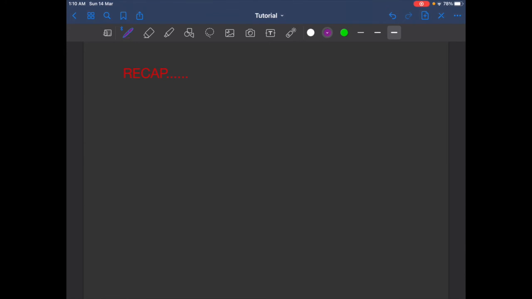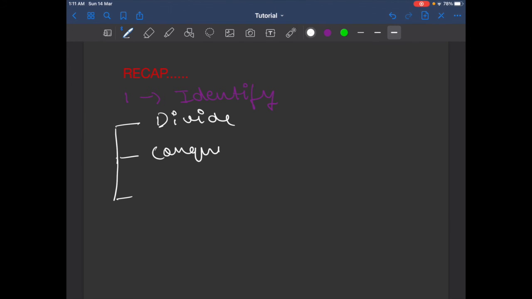Let us now recall what we have learned so far. The first step is to identify the problem, whether divide and conquer approach is applicable here. If it is possible, then there are 3 steps to divide and conquer. The first one is divide, second one is conquer, and third one is combine.